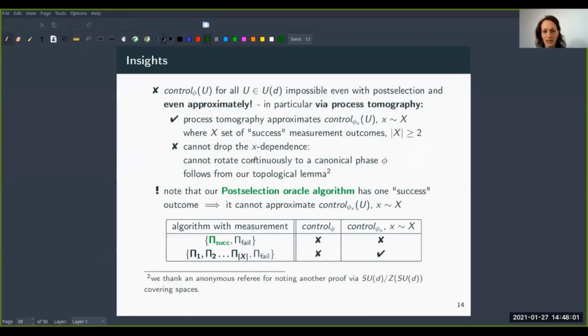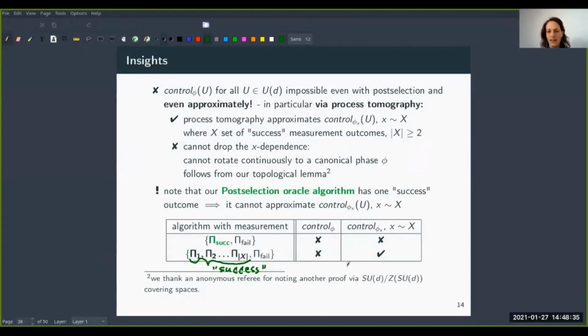Summarized in a table, the algorithm which has binary success-fail measurement sees the two problems as identical and impossible, and algorithms which have multiple outcomes and many of them are considered success see the two problems as different, and the second one, the randomized one, is possible. An example is this process tomography strategy.